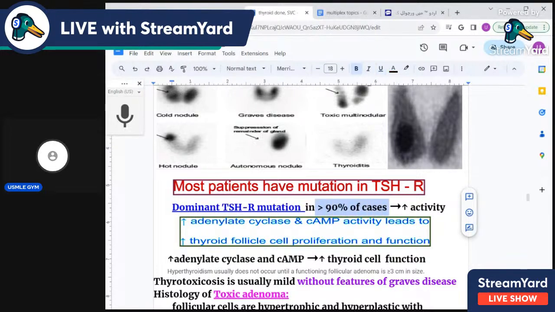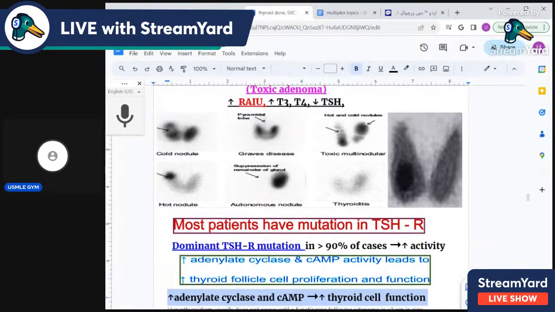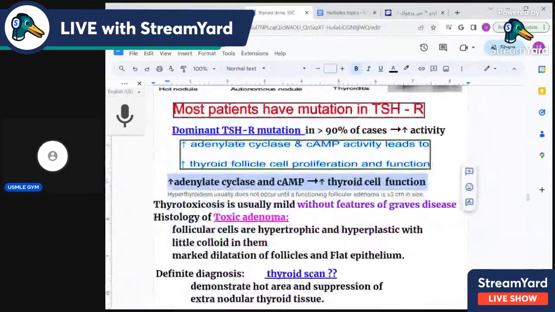The dominant mutation causes increased adenylate cyclase activity and cyclic AMP, which increases thyroid cell function. So this is the etiology of the hot nodule: a dominant mutation in the TSH receptor.